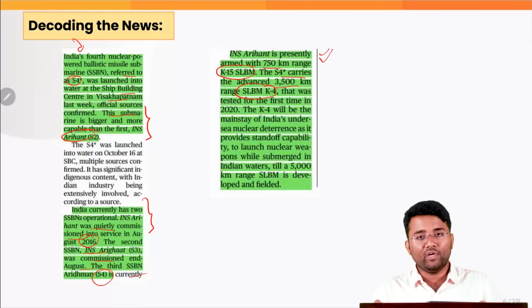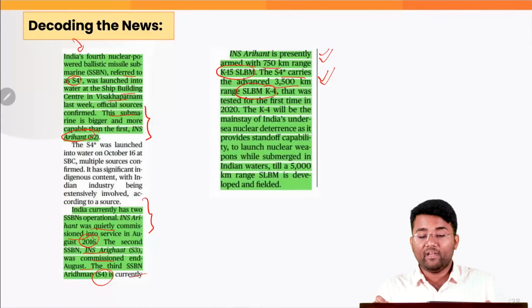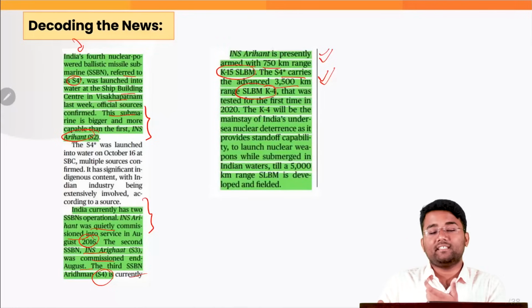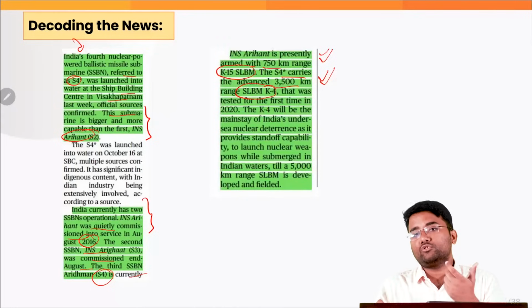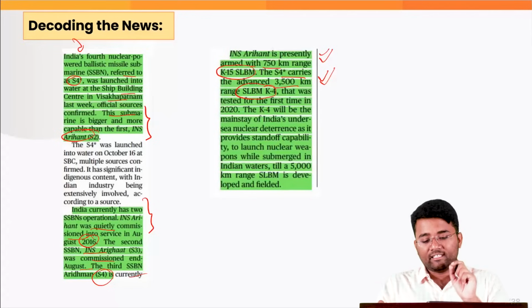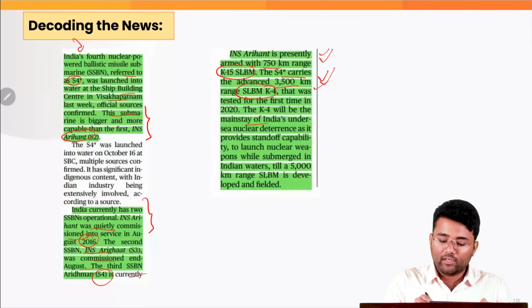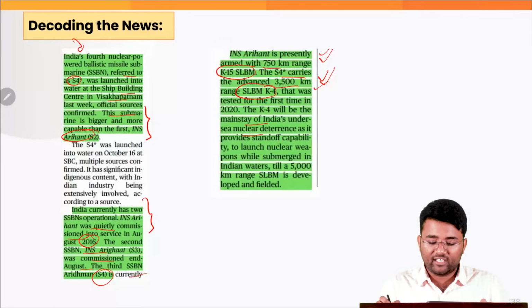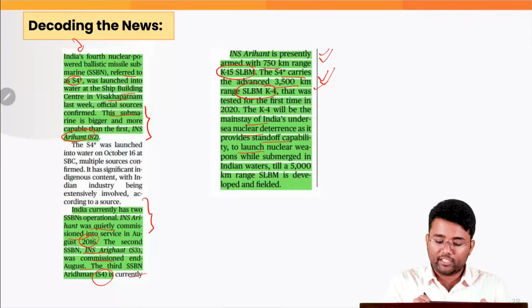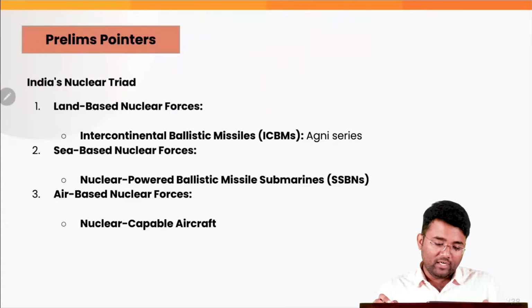You can think of how many countries can be covered under this S4 when it has increased its strength to almost 3500 km, meaning we can launch our submarine ballistic missile up to 3500 km. And K4 will be the mainstay of India's undersea nuclear deterrence, as it provides standoff capability to launch nuclear weapons while submerged in Indian waters till a 5000 km range SLBM is developed as well as fielded.